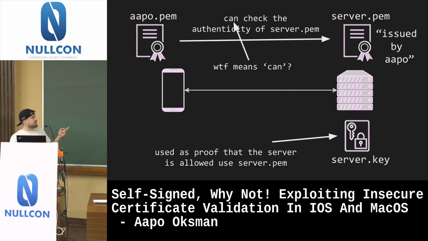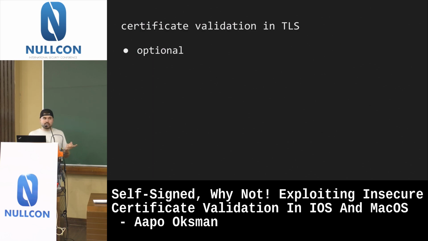And it is this: the client can check the authenticity of the server. So why does it say can? It is because certificate validation in TLS is completely optional. All of the libraries allow you to disable the certificate validation.